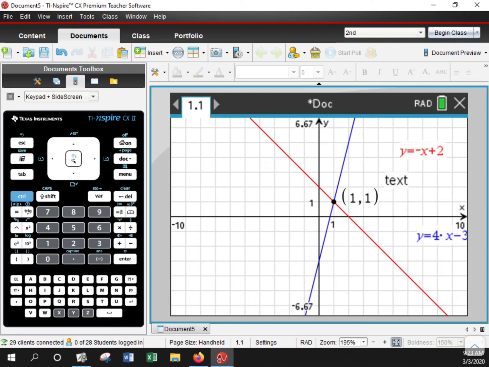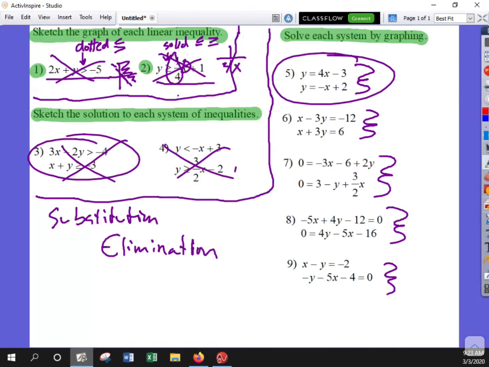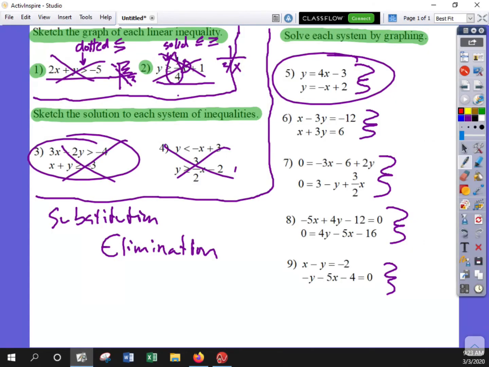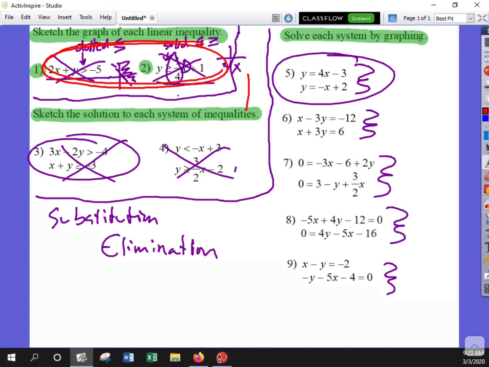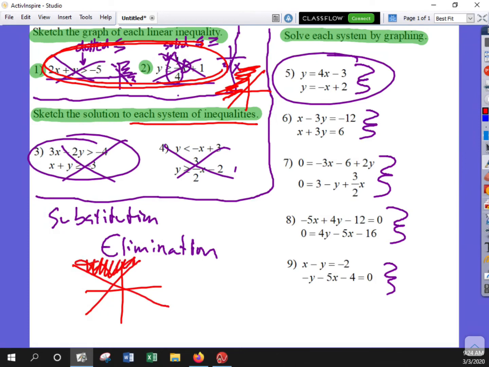Remember, when we're dealing with graphing a system of equations, the solution is a point, right? So just to remind ourselves, the answer to graphing a linear inequality is the graph, and it's that shaded zone, right? When I'm doing a system of inequalities, it's the two graphs together, and it's where they're both shaded.